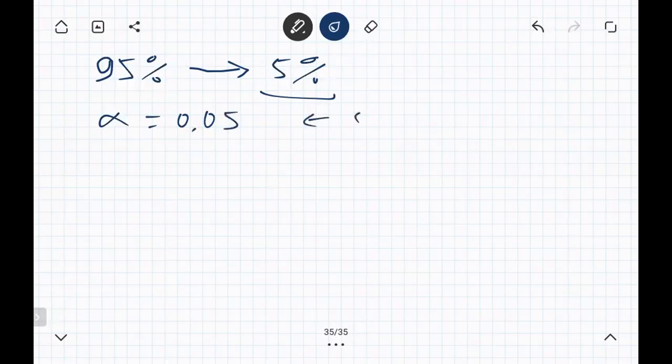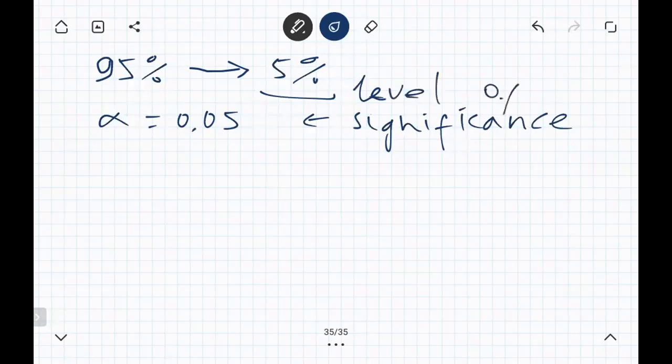It's called significance or level of significance. So the second step we need to do is choose a level of significance. And I will choose a 5% level of significance.